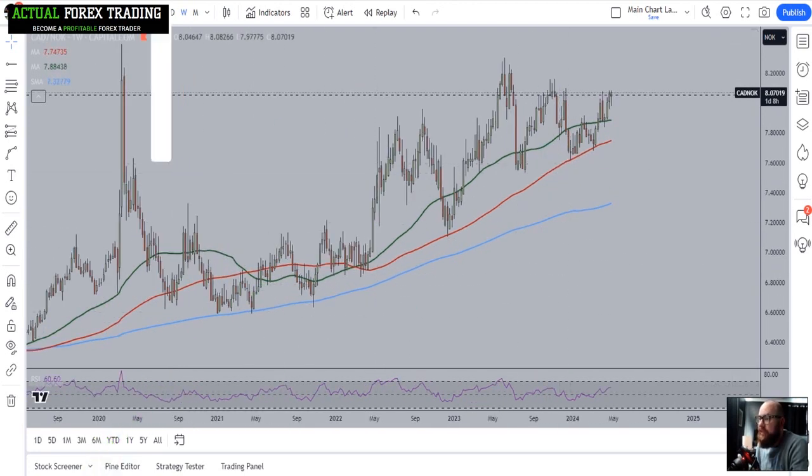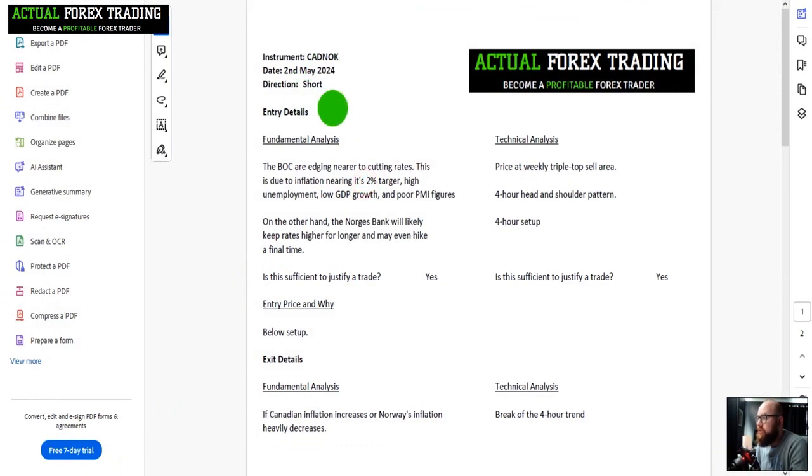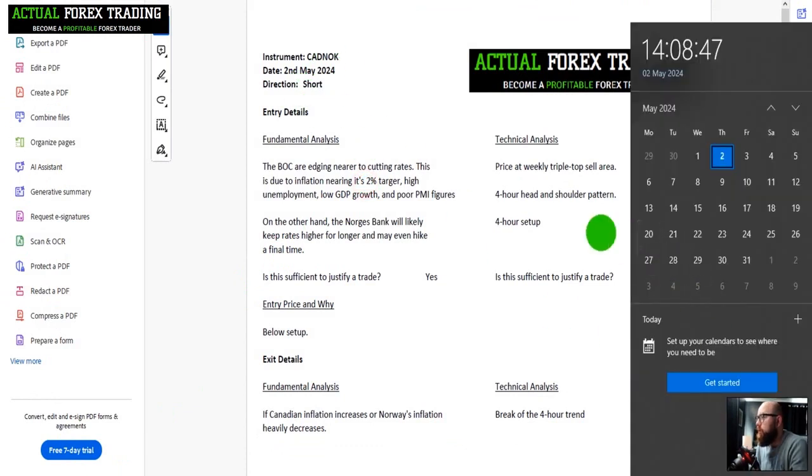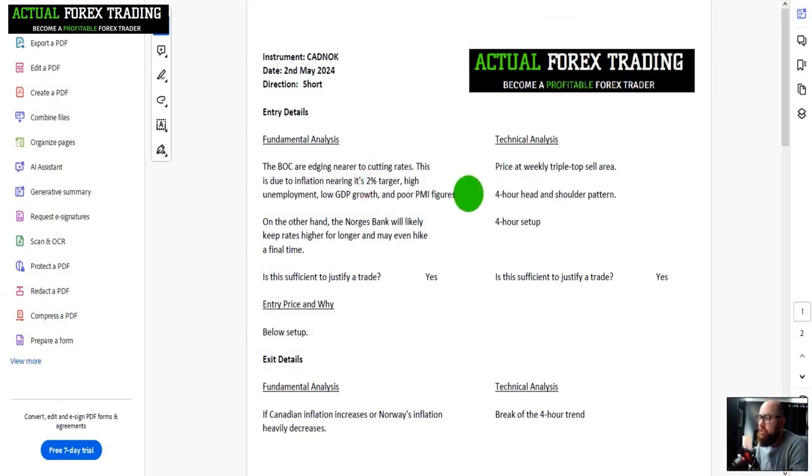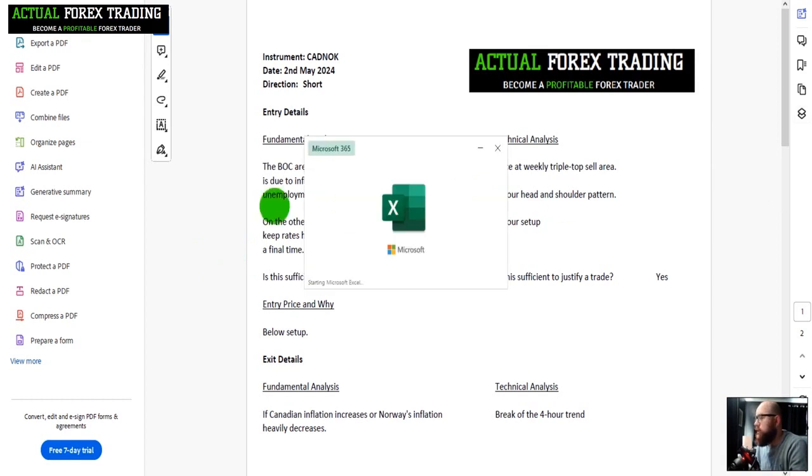Why have I placed a sell order? It's the 2nd of May. I'm looking to go short. It's just gone 2 o'clock here in the UK. The Bank of Canada are edging closer to cutting rates.